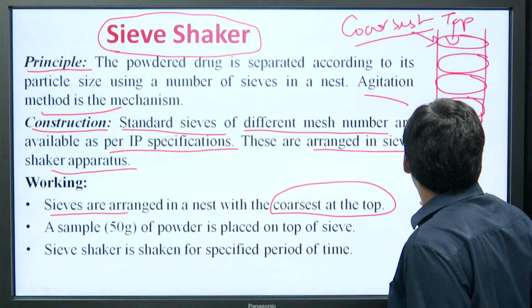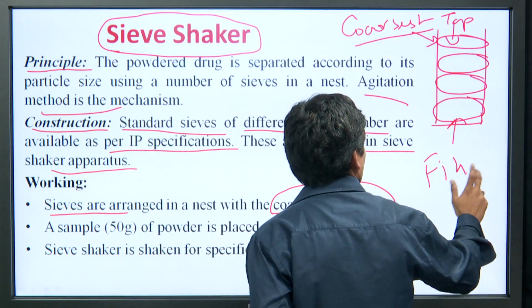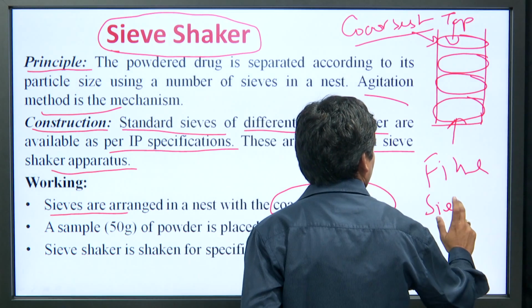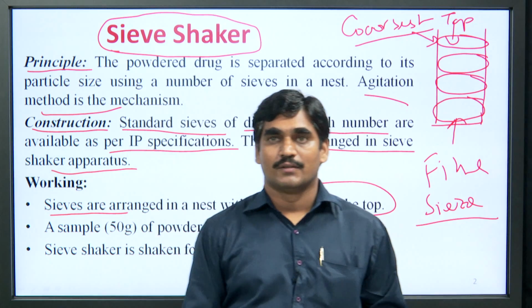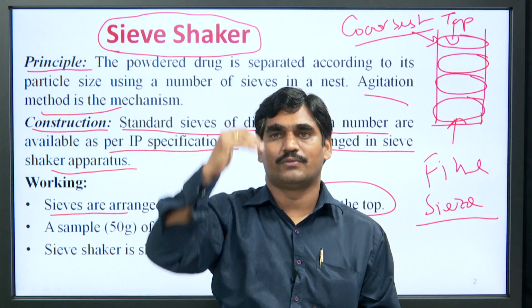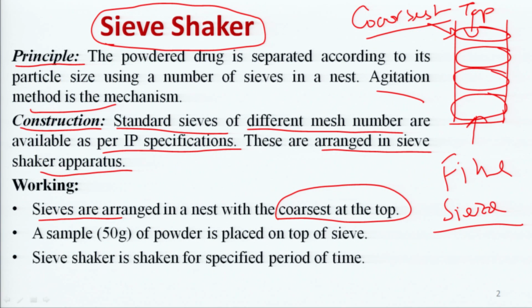And at the bottom, fine size sieves are kept. So, coarsest at the top, finer at the bottom. Now the sample which we want to sieve or size separate is kept on the top of these sieves. Generally, a sample of 50 gram of powder is placed on the top of the sieve.